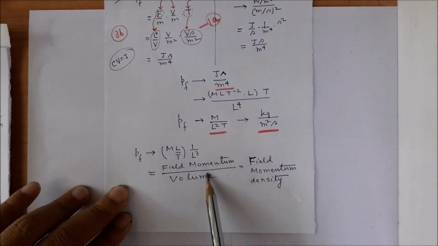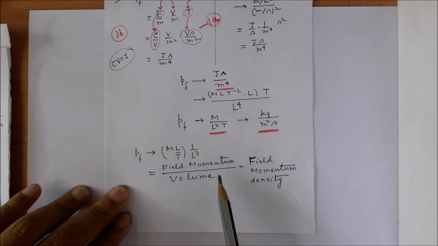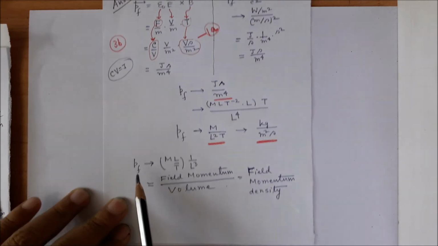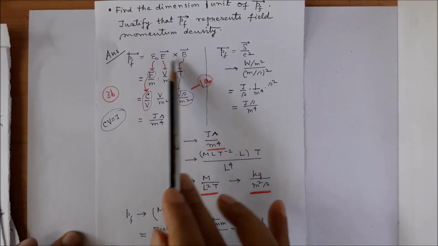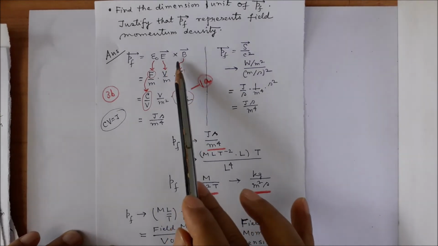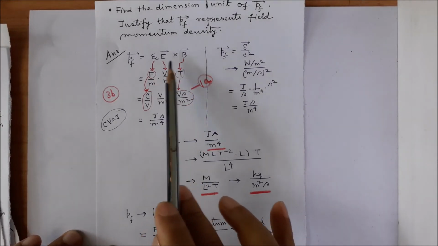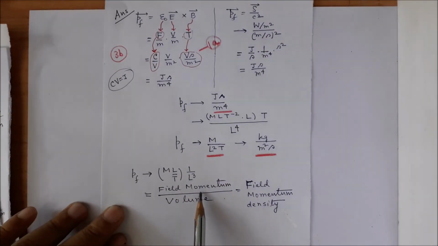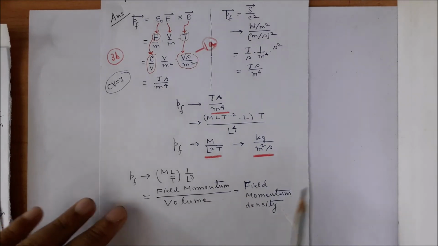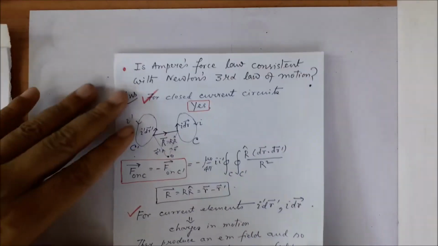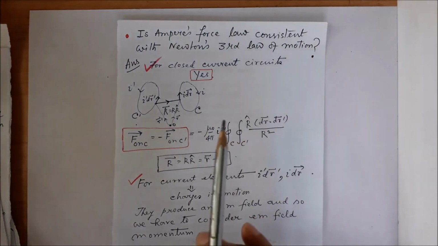It is actually momentum per unit volume or momentum density, but since it corresponds to E and B, which characterize the electromagnetic field, we call this momentum field momentum. Now it is time to take the bull by the horns.